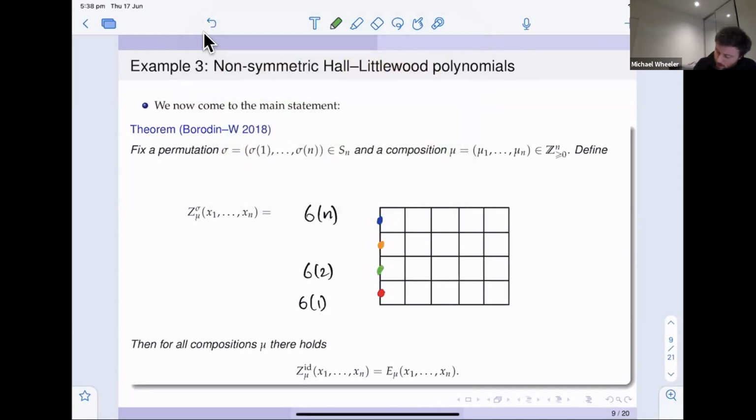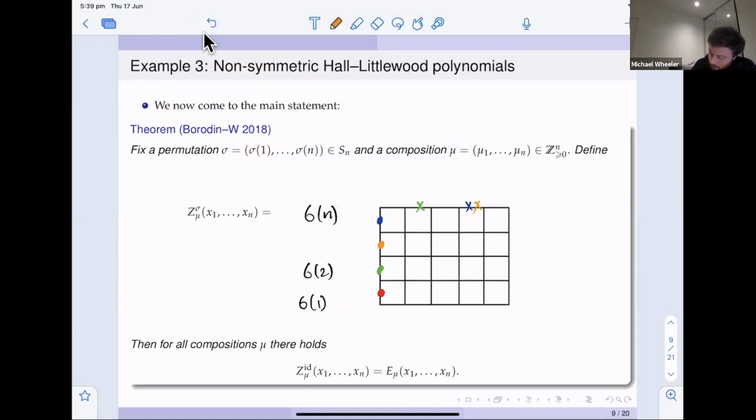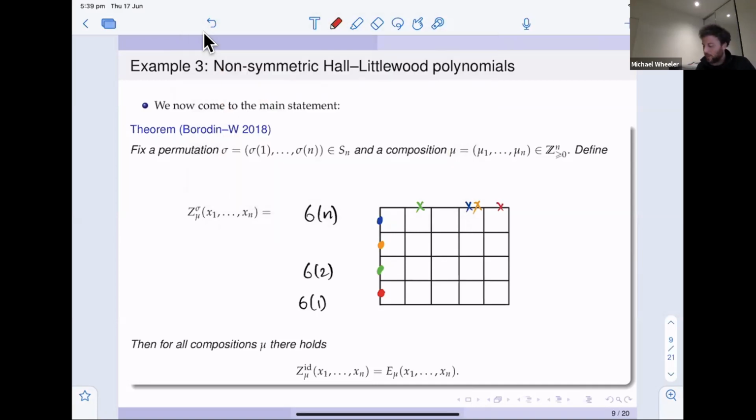Each one of those dots has a color label associated to it. Then they travel through the lattice and go out somewhere at the top. So maybe let's put them in some positions, and they can share horizontal edges, that's fine.